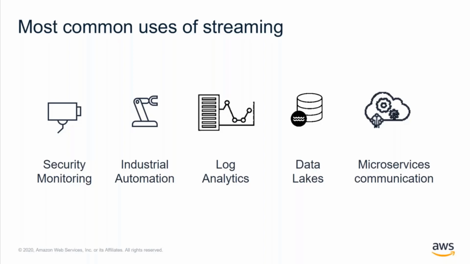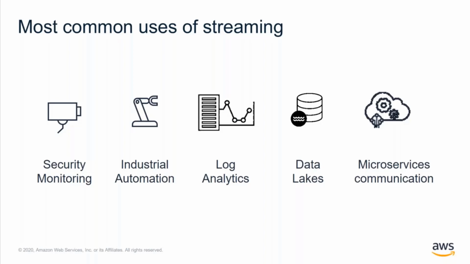Or it could be log analytics, where a lot of data is captured across application servers, mobile devices, and IoT sensors. How do you gather all of this data and move it to a processing layer and derive insights much faster?